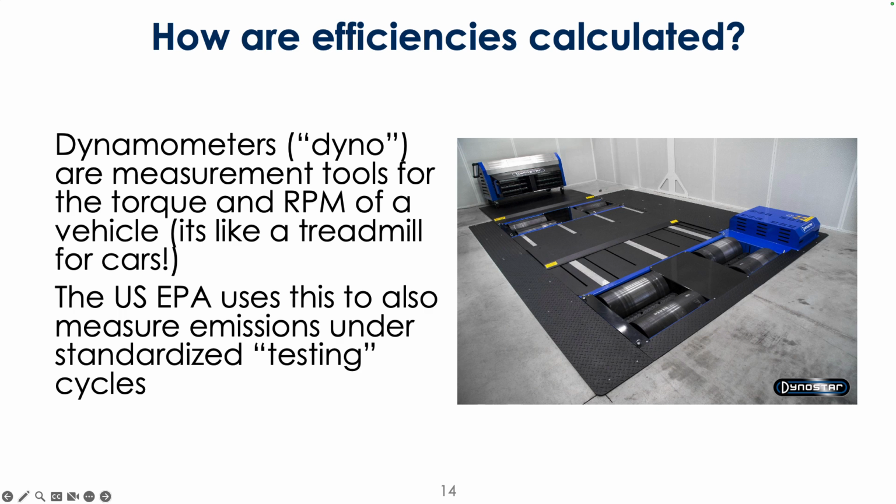The vehicle sits on top of the dynamometer, and you can just drive it, and it has rolling pins so that the vehicle stays in place and just rotates those, and you can make a whole number of different diagnostic measurements for a vehicle. Regulatory agencies like the EPA use these to do things like measuring emissions under standardized testing cycles, which we're going to talk about a lot more in just a second.